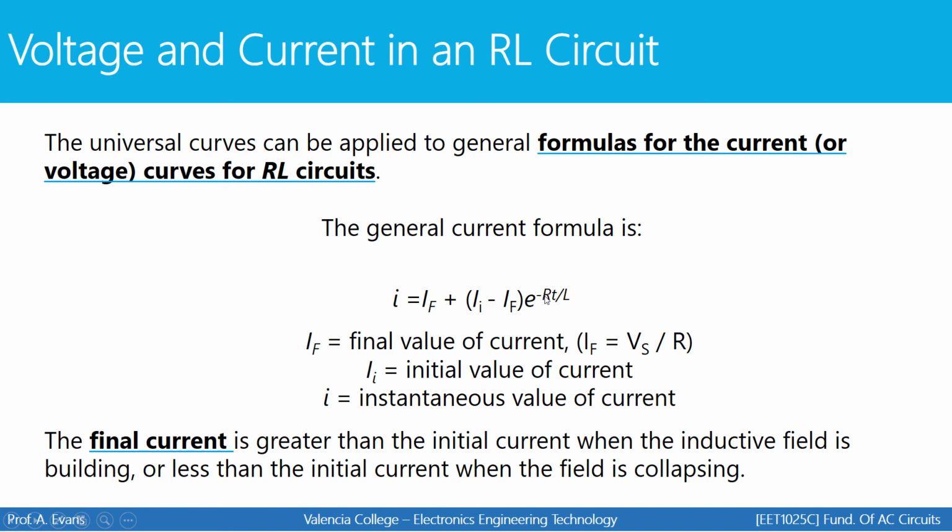We have negative R times t over L, or you can think about that as the time constant multiplied by the amount of seconds that are passing by. That's your lowercase t. So this formula is something we can use if I want to know what the instantaneous value of the current is going to be some amount of time after an inductor has begun to increase in current.